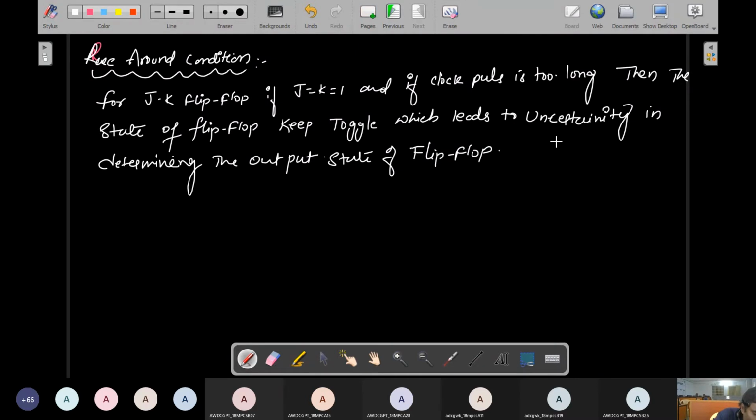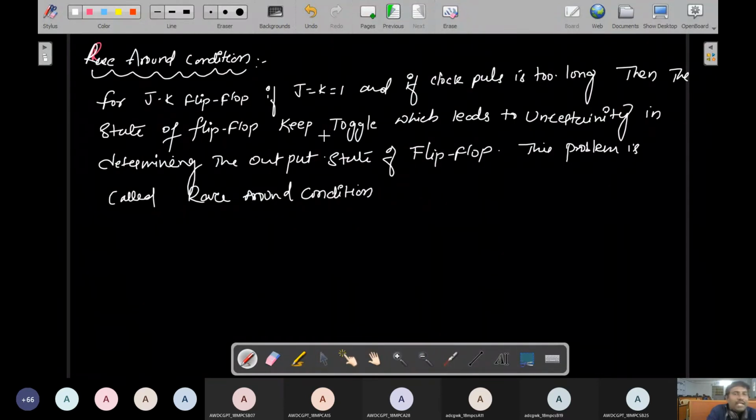So this problem is called race around condition.